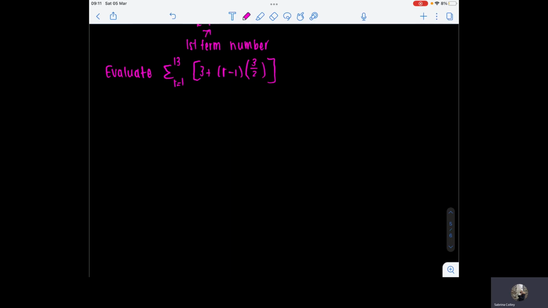So I know this sequence starts at term 1. If I say evaluate it, I want the sum of those terms up until the 13th term.